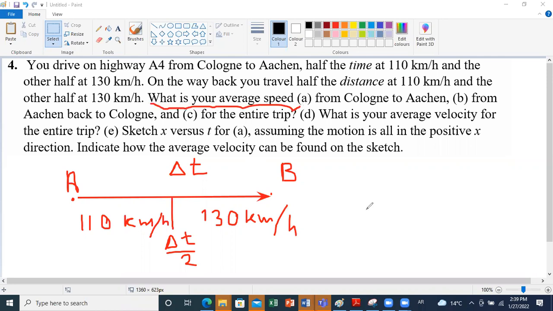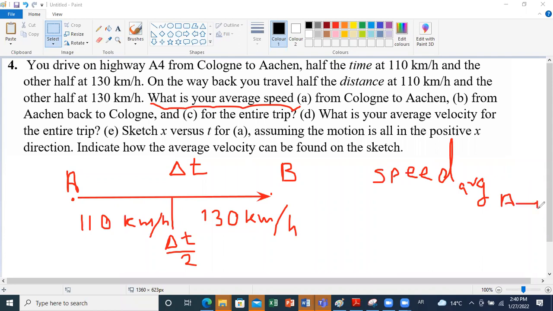They didn't give me the distance between A and B, because it will be simplified, and we'll demonstrate this together. So the first question is to calculate the average speed when going from A to B.